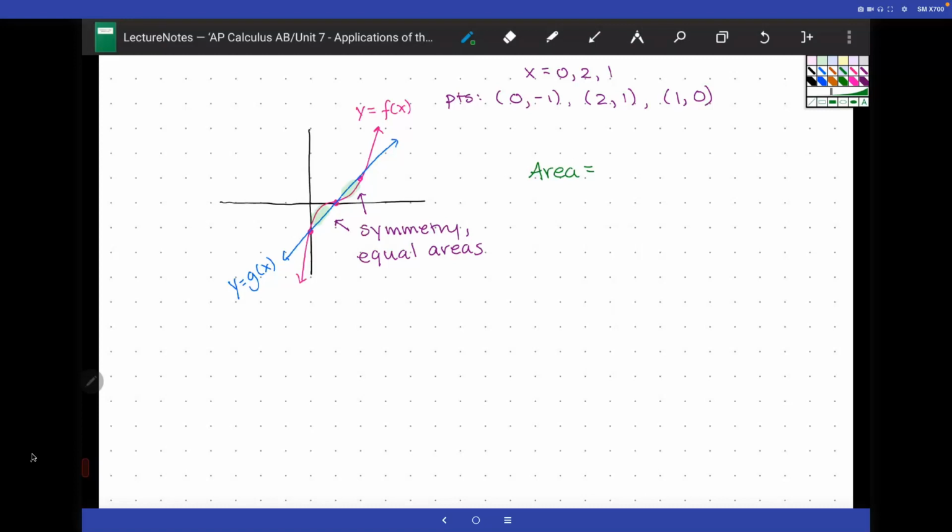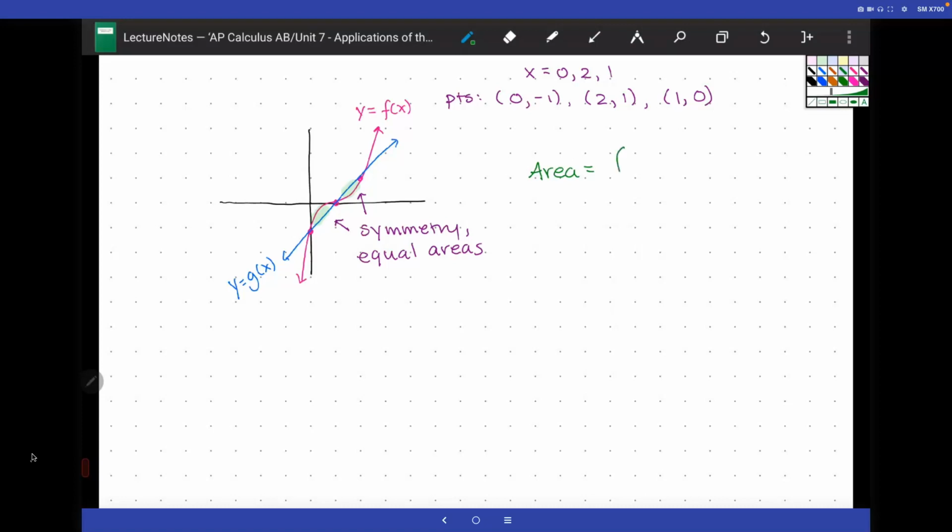If we think of this as like the bottom area and the top area, anybody have an idea which area is probably going to be the easiest? Trey? Yeah. We may be thinking the lower one's negative area, but remember, we're not worrying about that anymore because we're just doing top minus bottom no matter what.